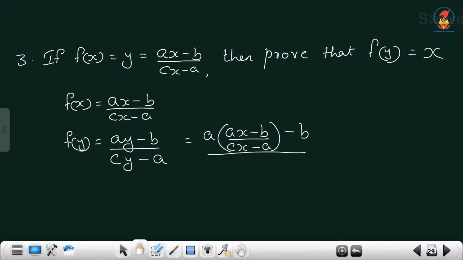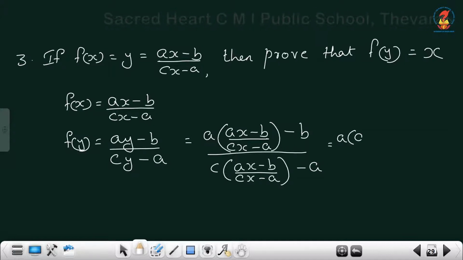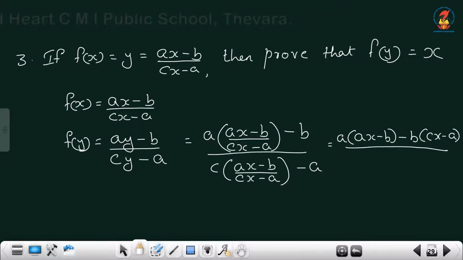Then minus b, by c into (ax minus b) by (cx minus a), minus a. Now simplify. That is a into (ax minus b) minus b into (cx minus a), by cx minus a.